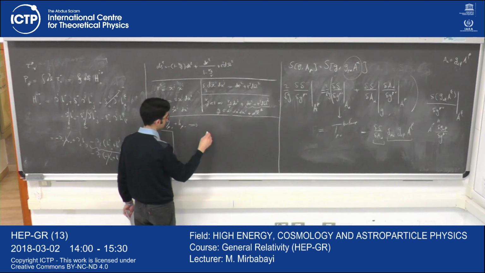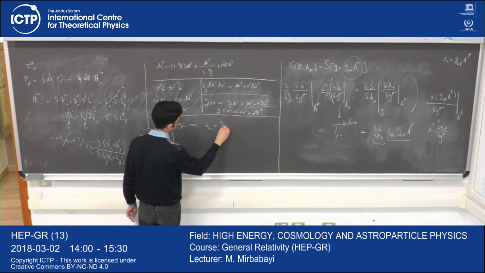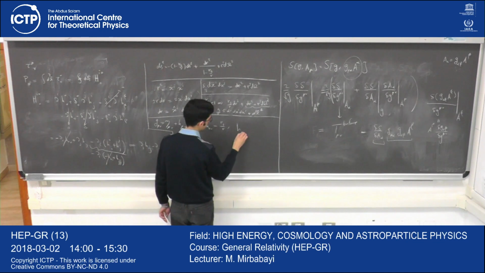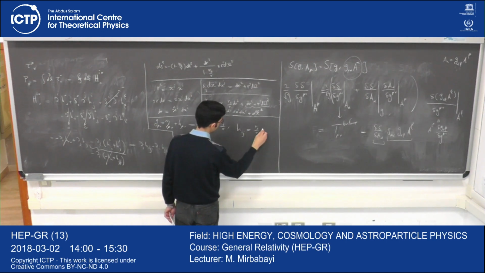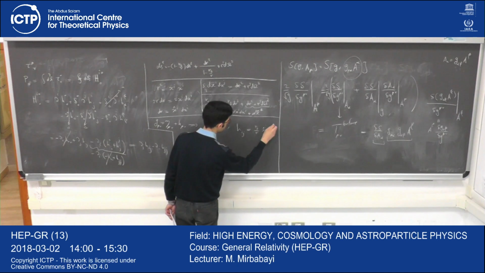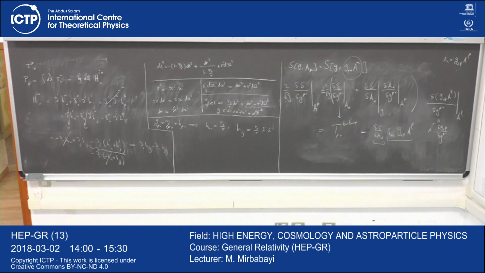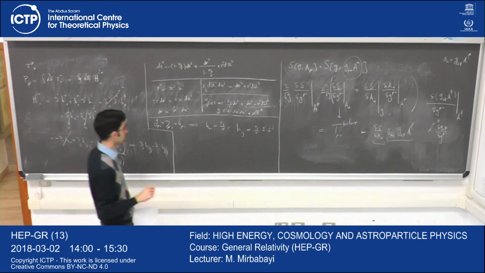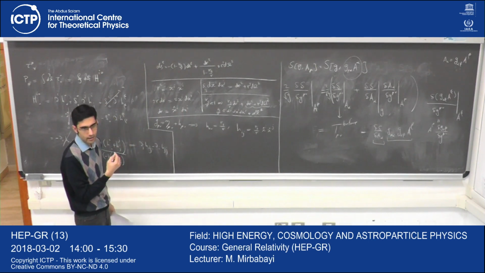And if I write it in Cartesian coordinates, what I get is that h00 is equal to Rg over R, and hij is equal to Rg over R times x hat i x hat j, where by x hat i I mean xi over R.